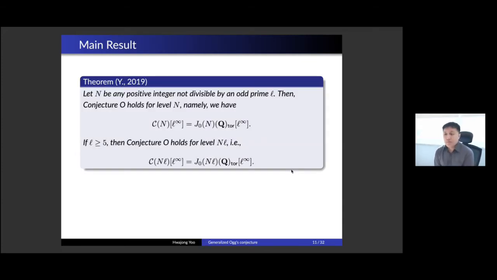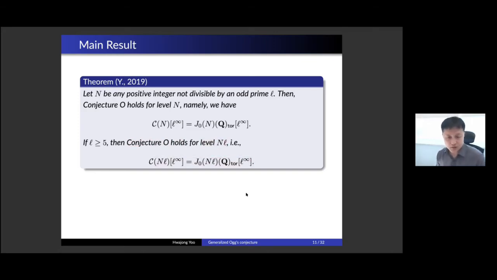Here is the main theorem in this talk. Let n be any positive integer not divisible by an odd prime L. Then conjecture O holds for level n and this odd prime L. Furthermore, if L is at least 5, then conjecture O holds for level nL.